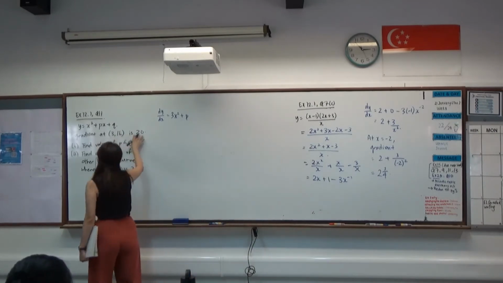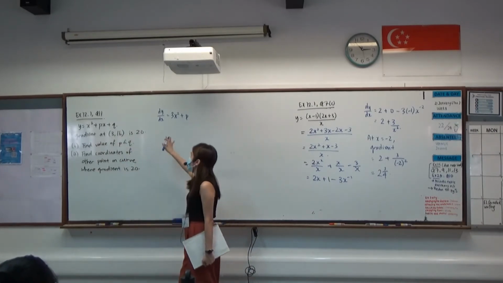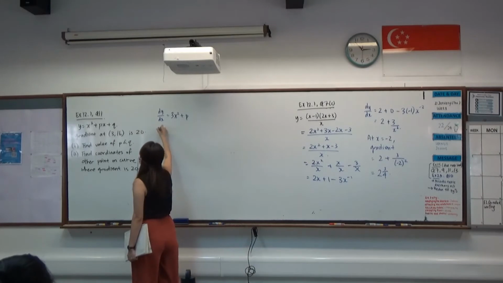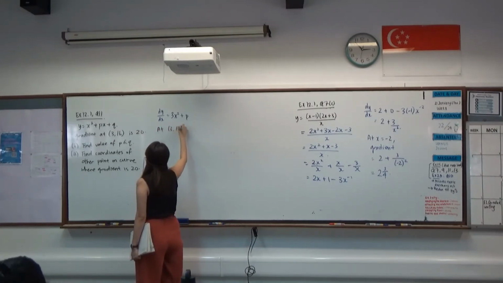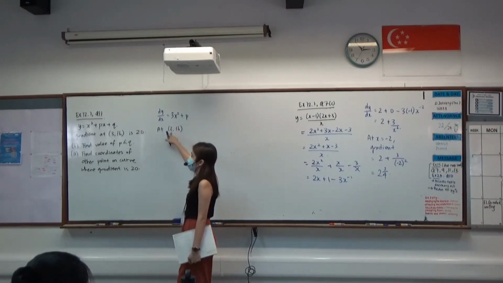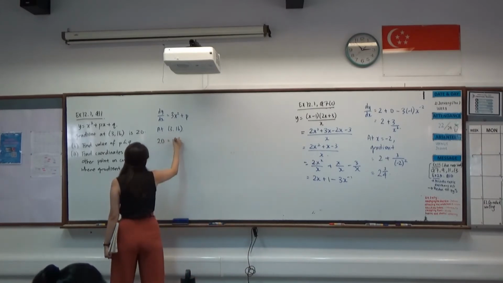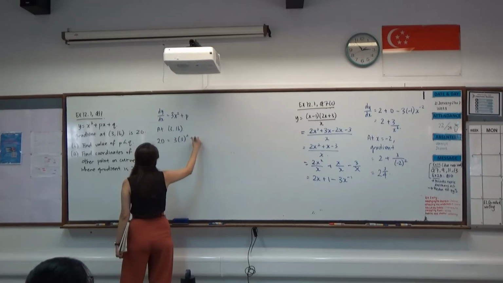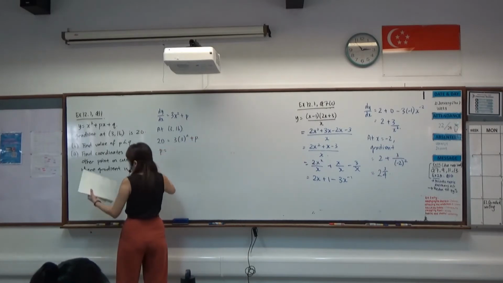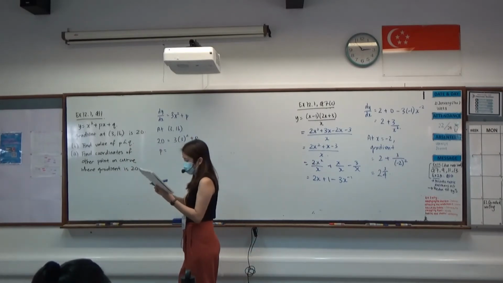Okay, and since we know that the gradient is 20, what we will do is that at (3, 16) itself, that means when x is equal to 3, our gradient will be 20. And that will allow us to actually find out the value of p.